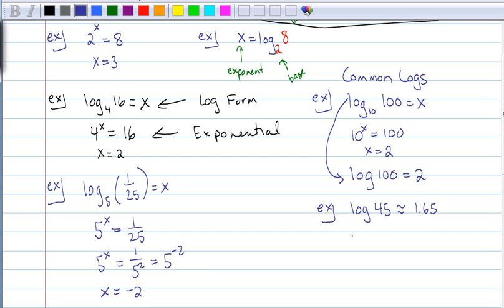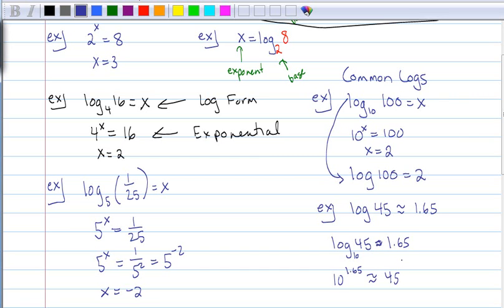So we're saying that, let's rewrite this, log of 45 equals x. Let's forget the x. 1.65. We're saying 10, the base is 10, raised to the 1.65 is approximately, because this is really approximately, about 45.